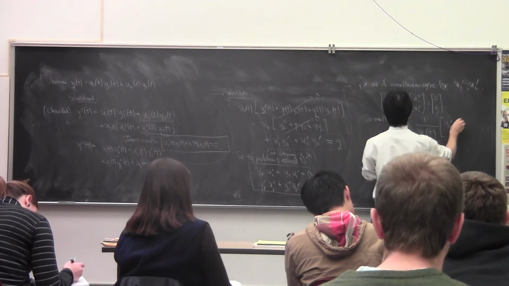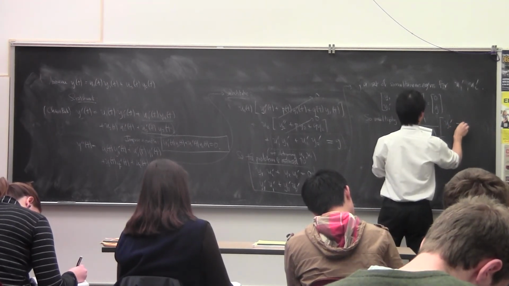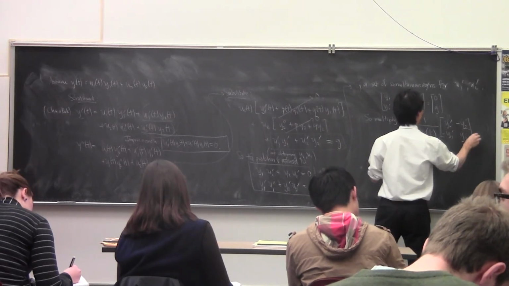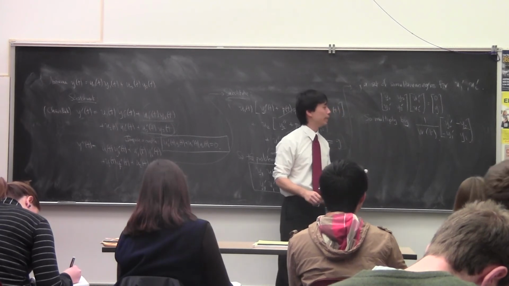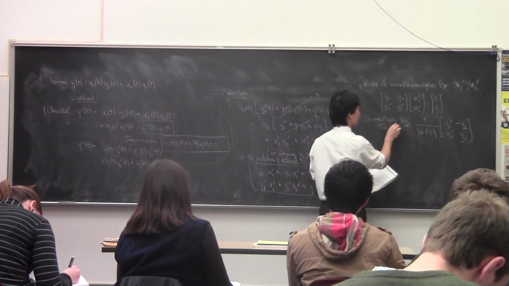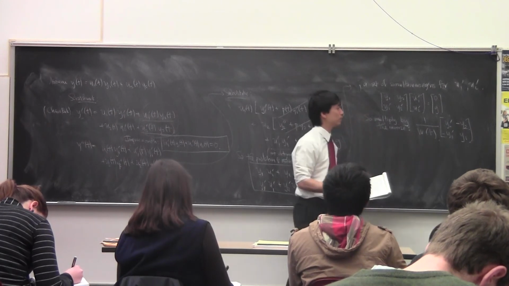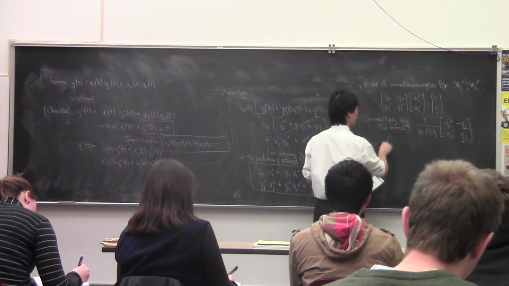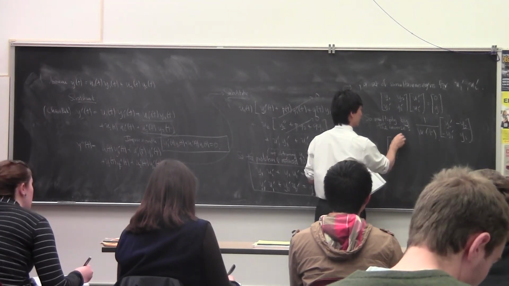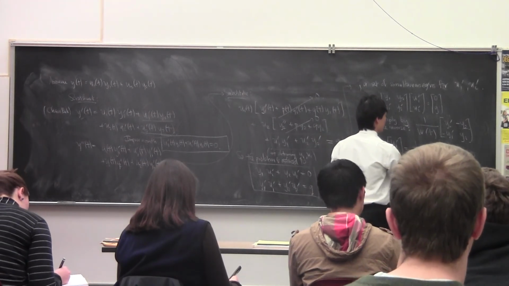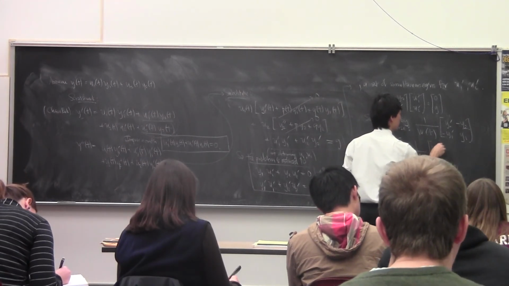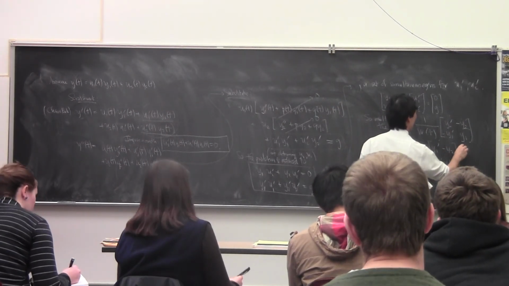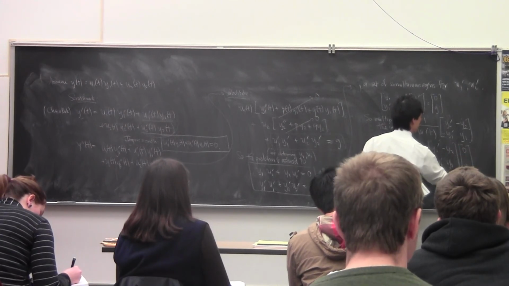So it's y2', negative y2, negative y1', y1. Multiply by the adjoint on both sides, and you end up with u1', u2' equals 1 over the Wronskian times the adjoint matrix applied to 0, g.